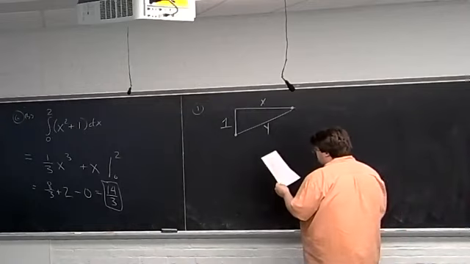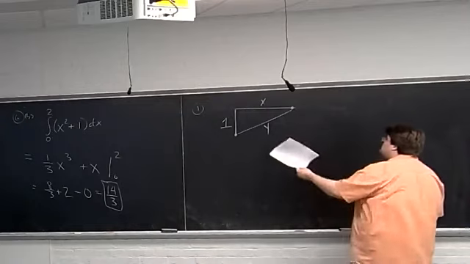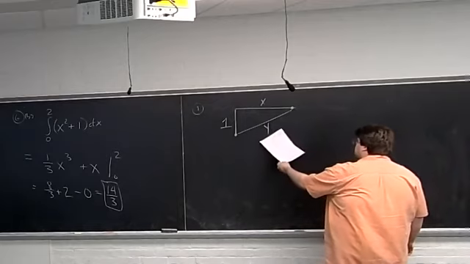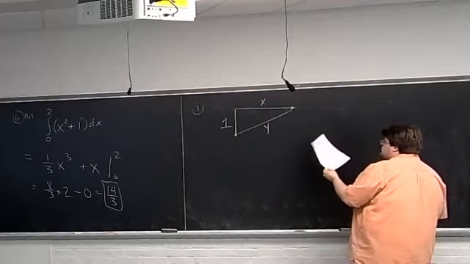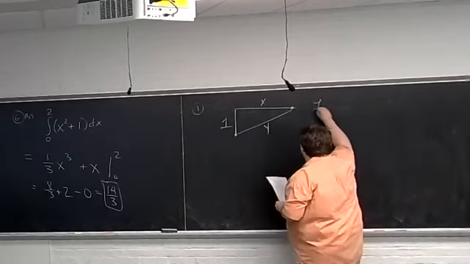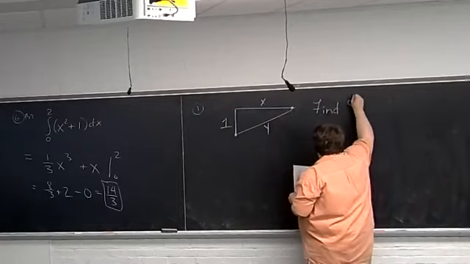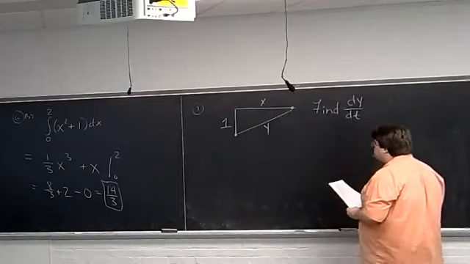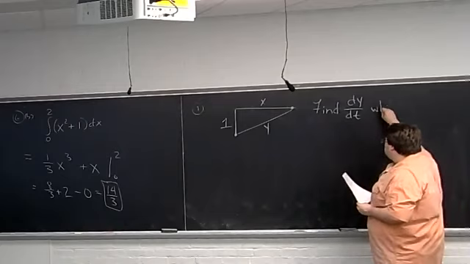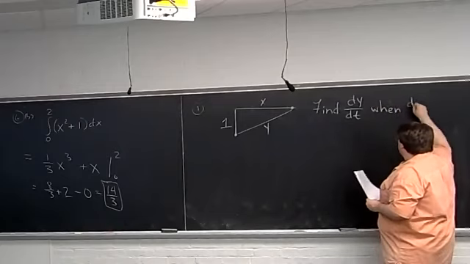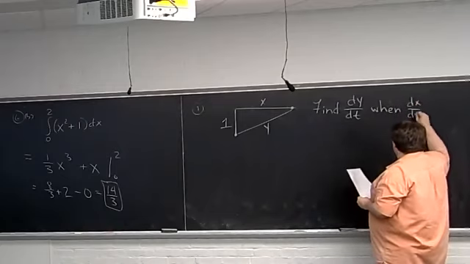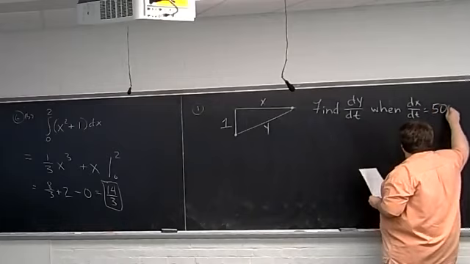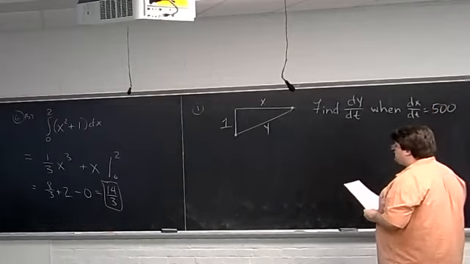The question says, find the rate at which y is changing when the plane is 2 miles from the station. So this question wants us to find dy/dt, how y is changing as time is changing, when dx/dt, the horizontal change, is 500 miles per hour.